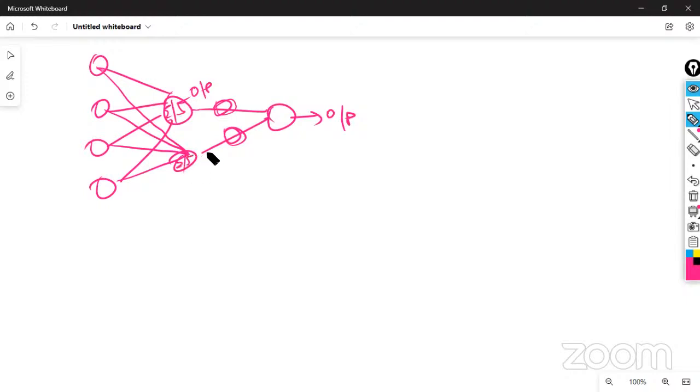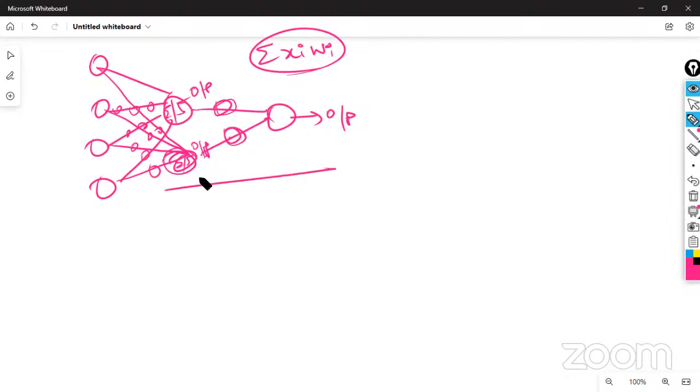Here also, sigma and an activation function. So this output is dependent on all these weights, because we are doing sigma xi wi, which is the ultimate function that we are doing.